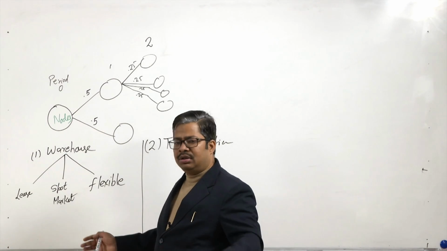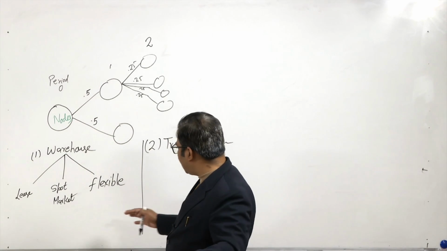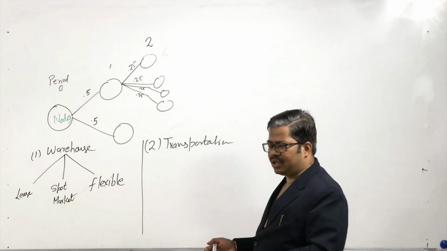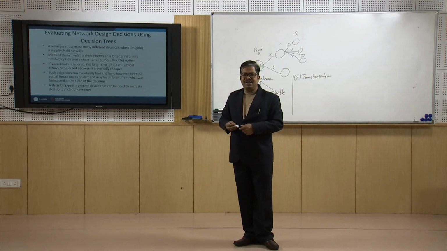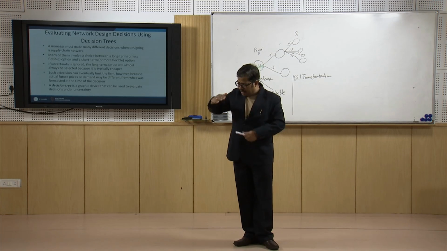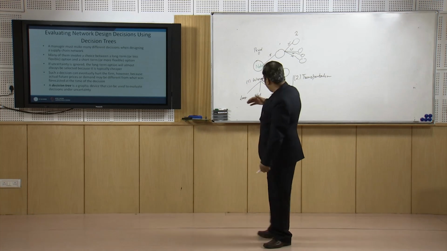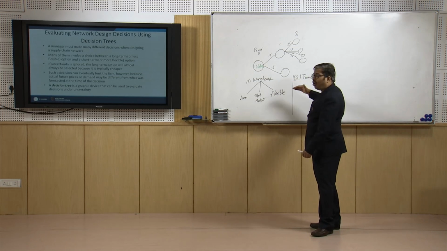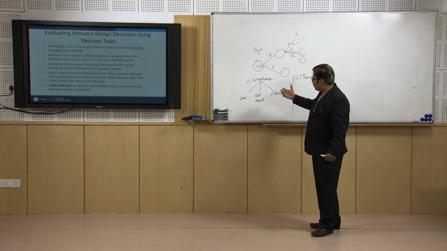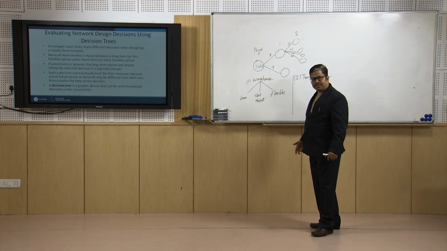So, all three alternatives are available even in the case of transportation. As a supply chain manager you need to make all these decisions once you go up in the hierarchy, and please see that these decisions are long term decisions. I took the example of warehouse.